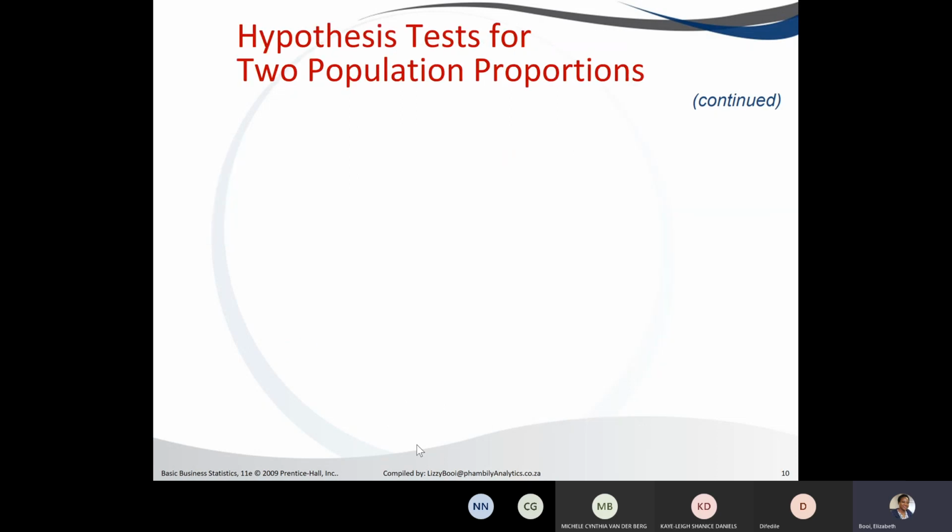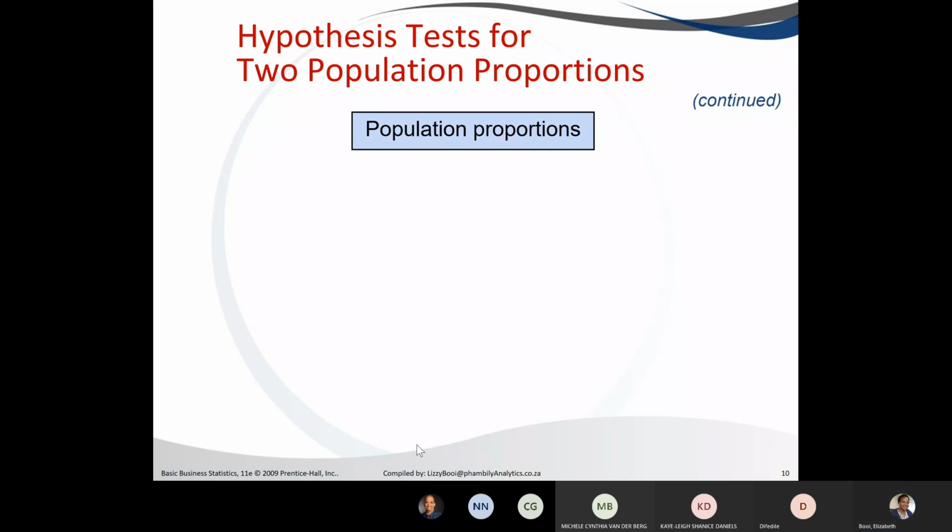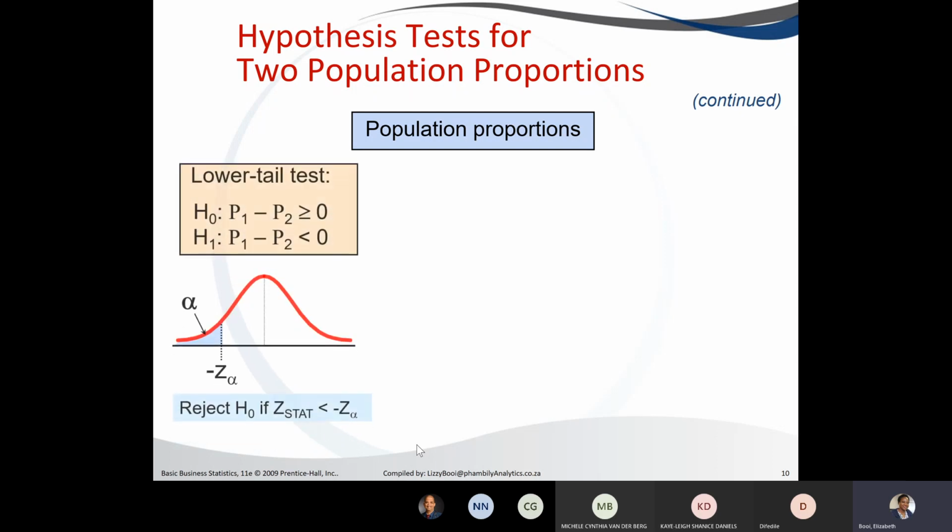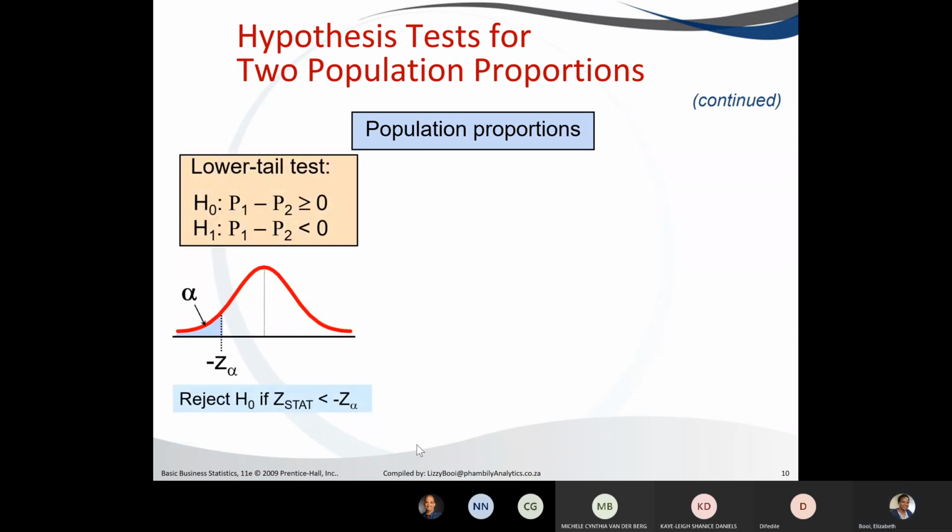So now let's look at how we do the hypothesis testing. Remember the 6 steps? Before we look at the 6 steps, I will show you how to find the critical value, to make a decision based on the critical value.